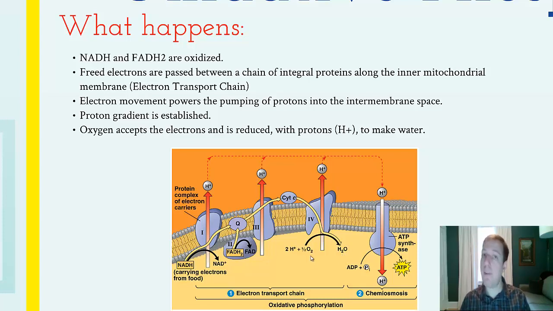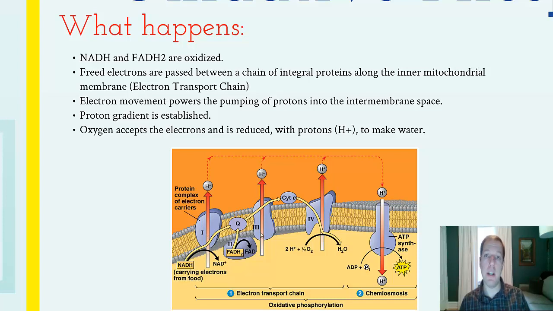Now we finally see the role of oxygen as part of aerobic respiration. Oxygen is the thing that actually accepts the electrons in the end. The movement of those electrons is useful in being able to produce the actual ATP, but those electrons need to go somewhere. They can't be left to move around freely forever.